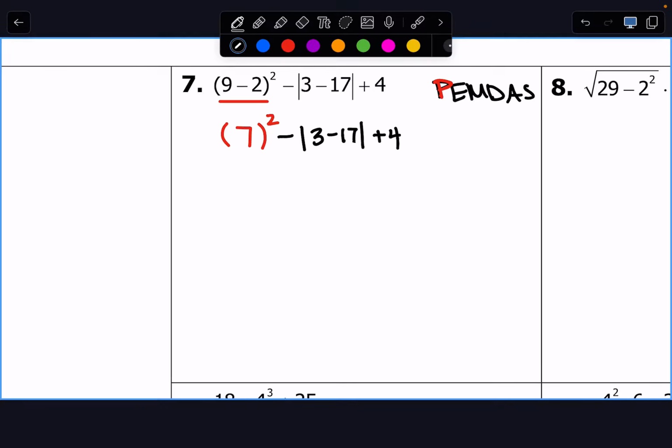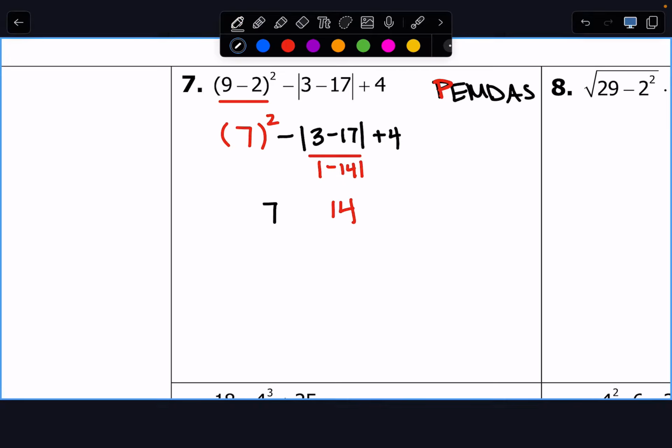Is that the only parentheses or grouping we have? No, because we have this grouping right here. What is 3 minus 17? We have negative 14 inside the absolute value. So it's going to become what? 14.